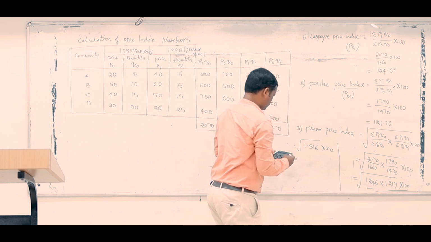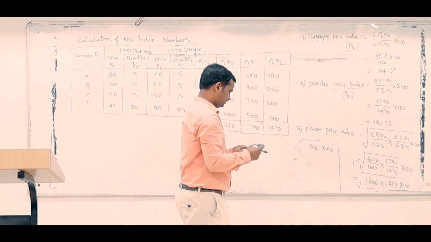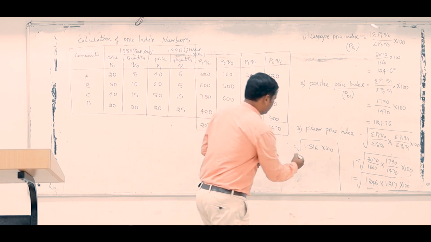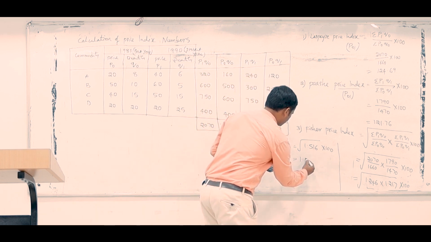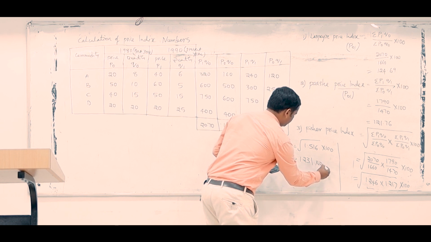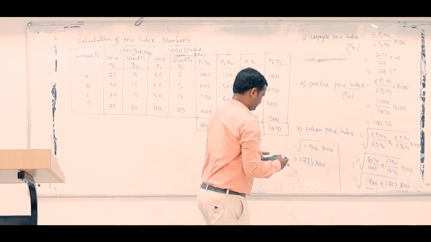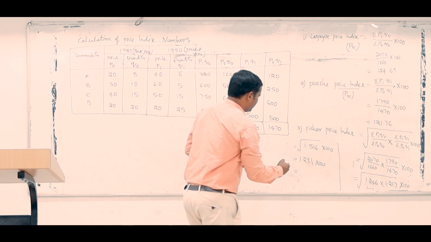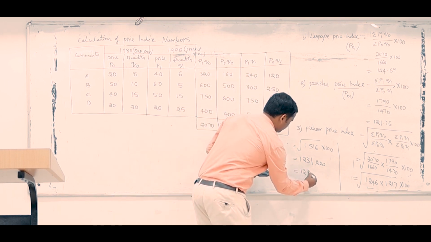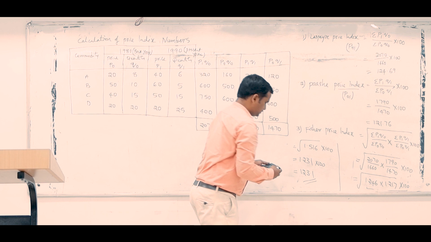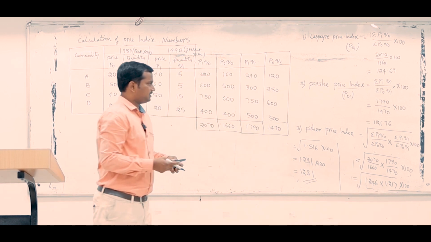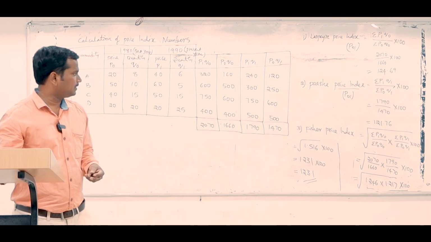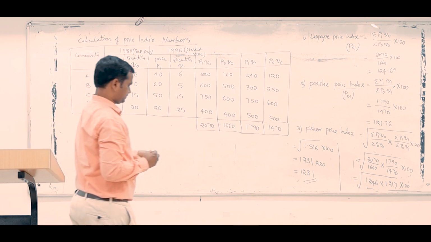For this value we should find out the root, then you will get 1.231 into 100, so it will be 123.1. So like that we should calculate the price index under Fisher method.